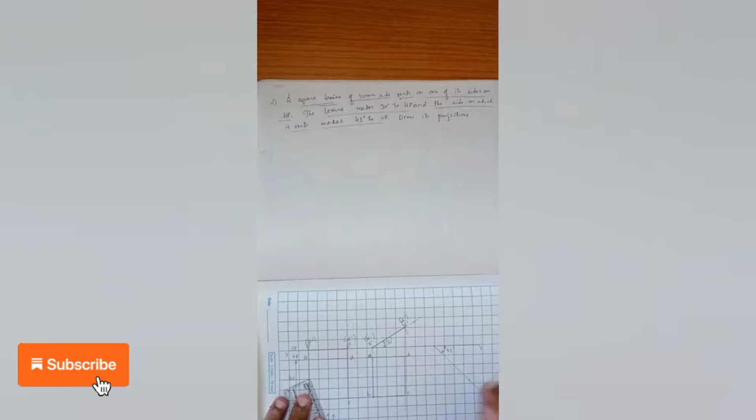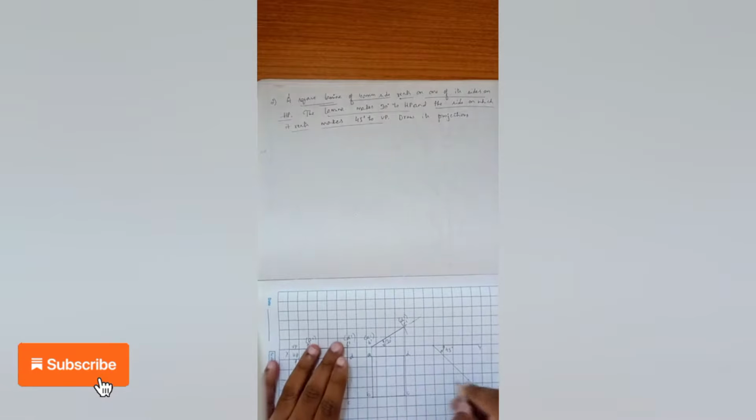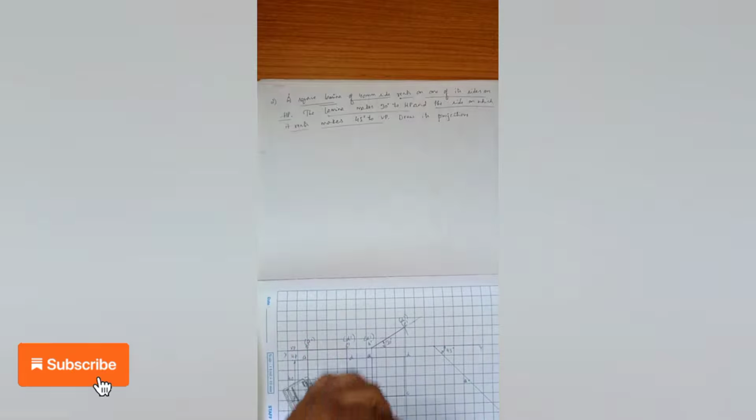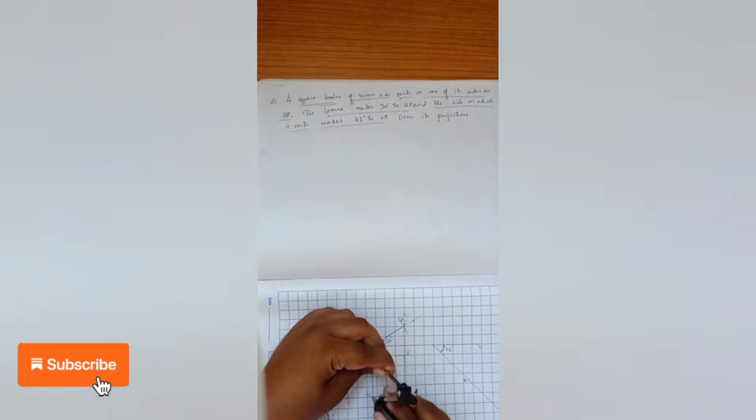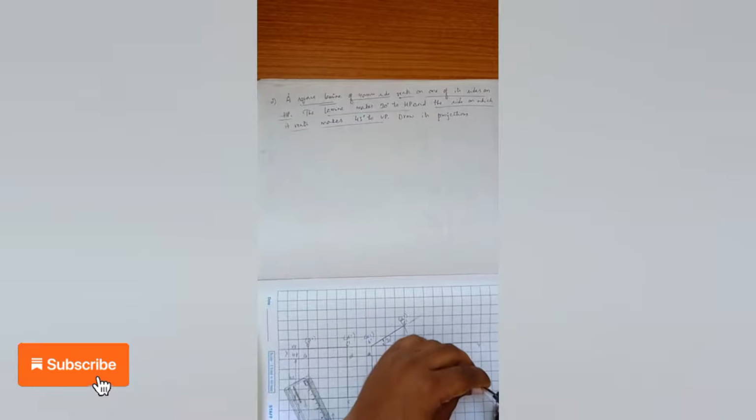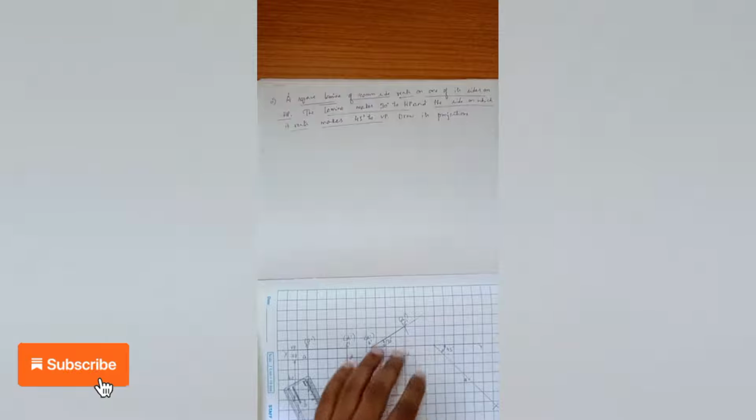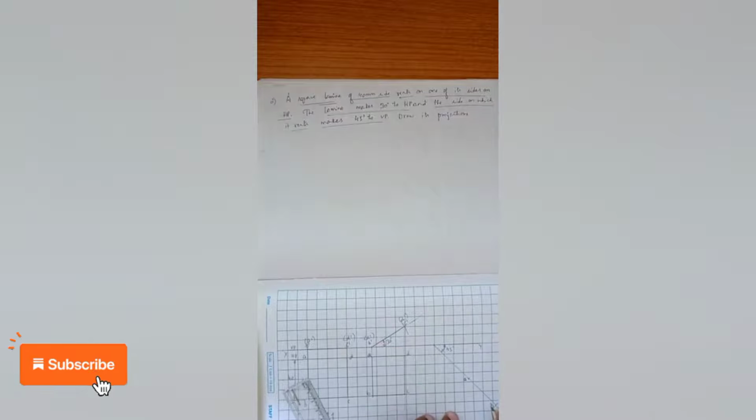So we have to copy down this AB. First I will take a reference point A here. Now measuring the length of AB and cutting the arc. This is AB. Now we have to copy this diagram.